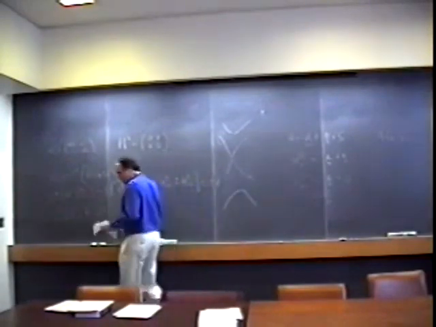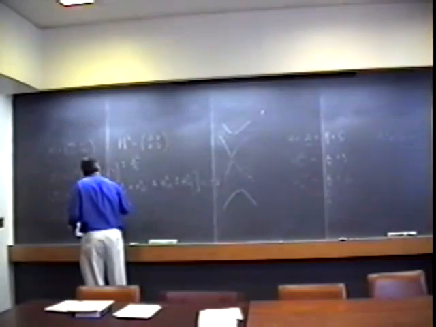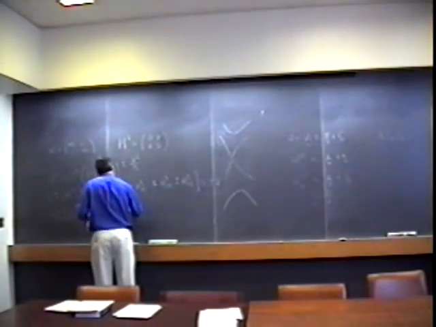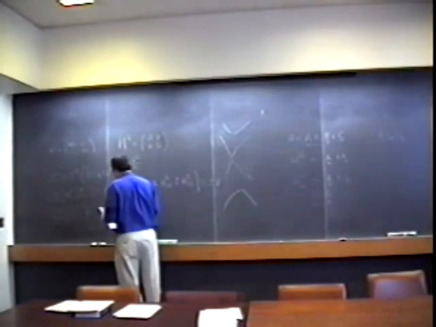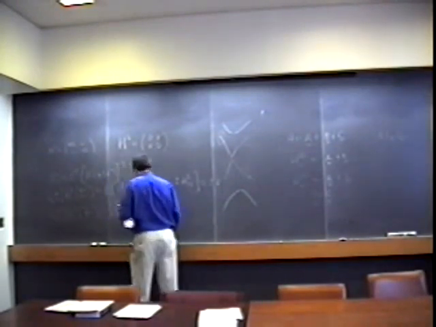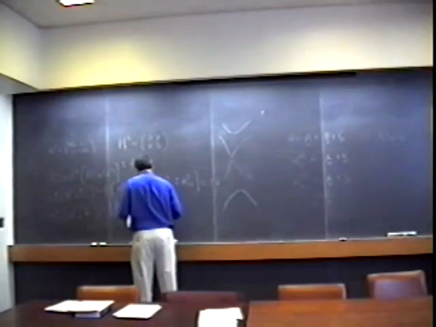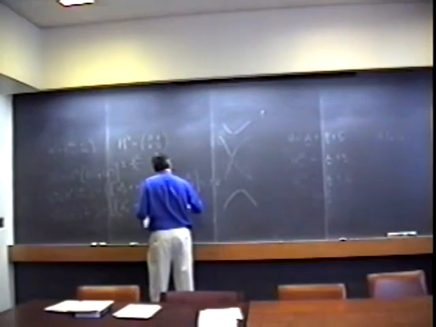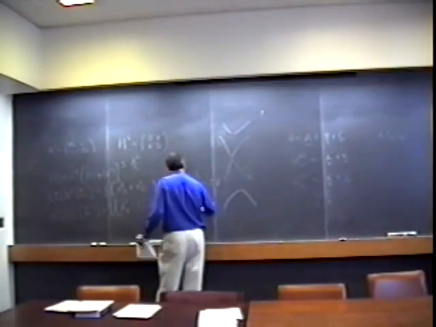Okay, for the second one, we have a half times H11 for Hamiltonian number 2 minus H22 for Hamiltonian number 2, minus or plus H12 plus or minus 21.